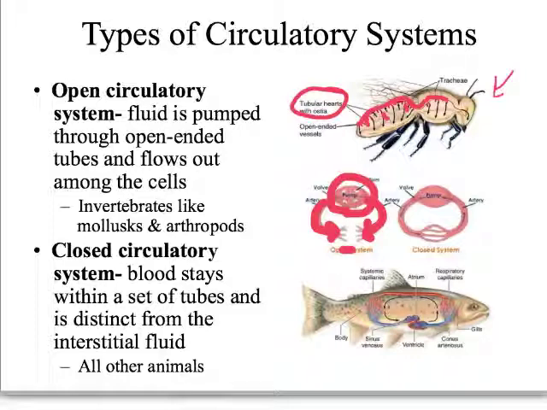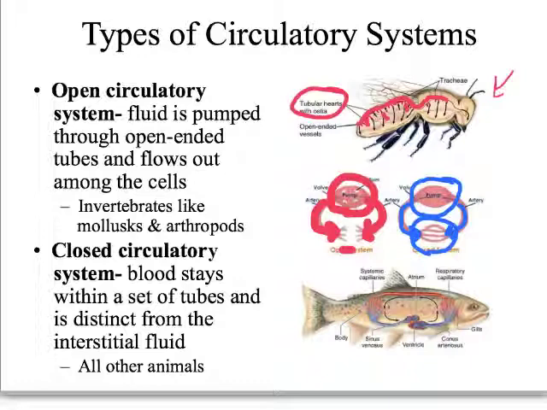So in a closed circulatory system, we have a pump still, some kind of heart or pump, but this time it's going to pump through a closed circulatory system, so there are no openings, everything is kept intact. And closed circulatory systems are found basically in all other types of animals except those invertebrates, mollusks and arthropods.